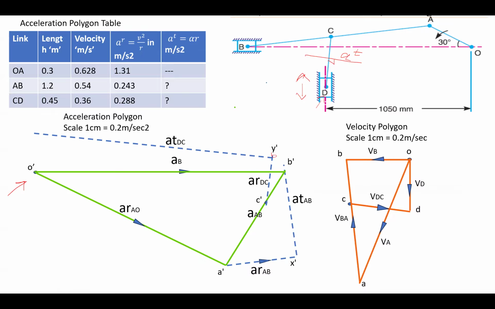Let's draw a vertical line from the pole which represent the acceleration of slider D. Now, as usual, for CD link, where is the net acceleration? What I said, where you have to observe where the radial component of CD start. The radial component of CD start here at the C dash, and tangential component ends at this point. Join these 2 points that will give you the resultant acceleration of CD. So this is our total acceleration diagram for this numerical.